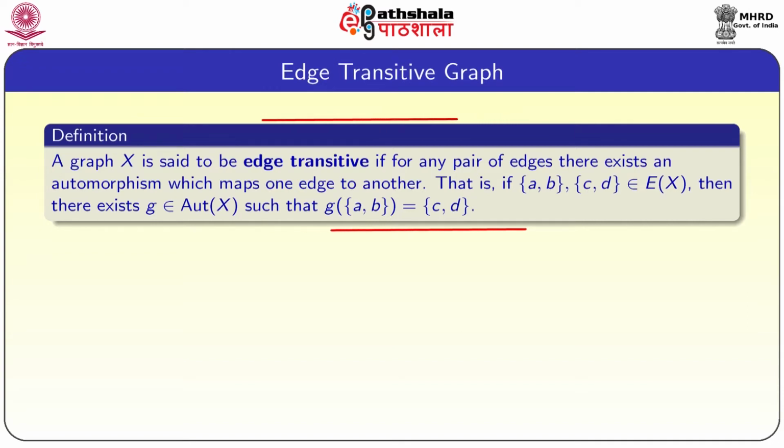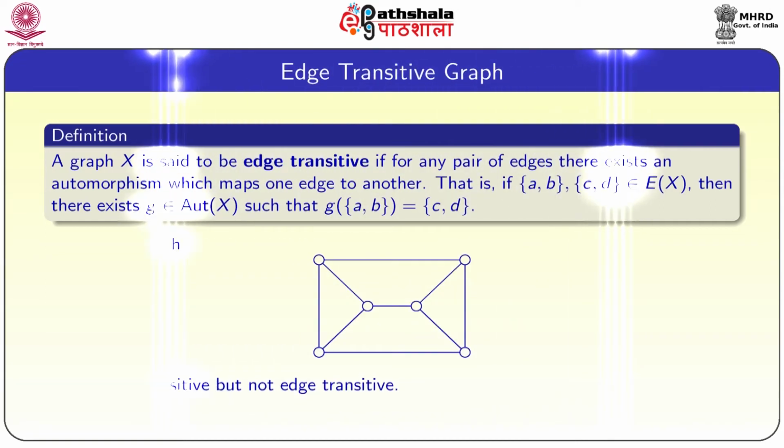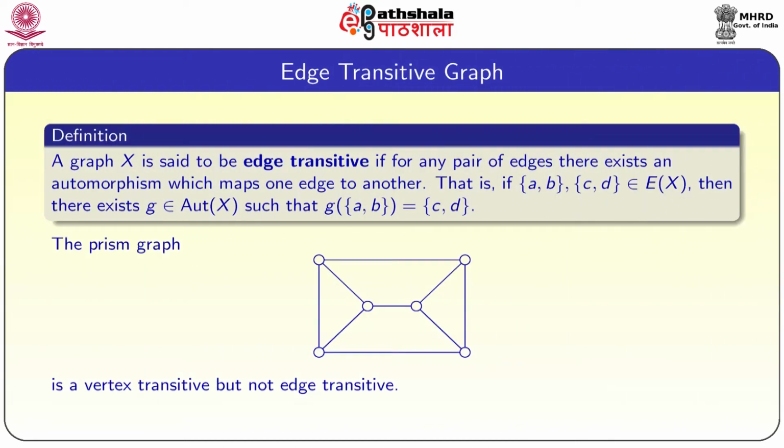That is, if (a, b) and (c, d) are edges of graph X, then there exists an automorphism g belonging to Aut(X) such that g takes the edge ab to edge cd. The prism graph given below is a vertex transitive but not edge transitive graph. One can see that some of the edges cannot map to other edges.